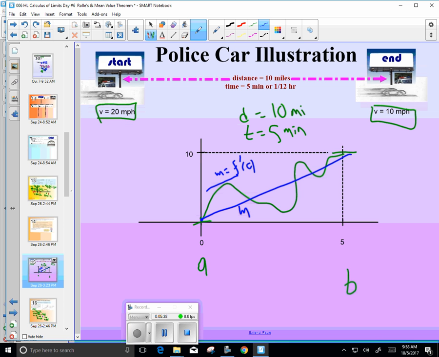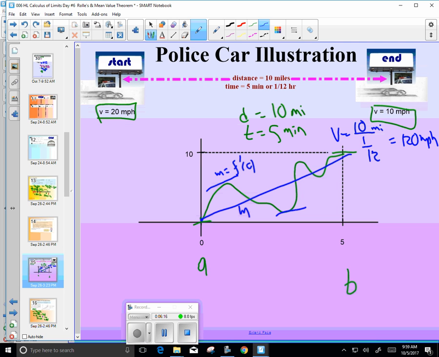There's no time travel portals or some huge machine hitting them back in time or whatever. There are no cusps or anything like that. So what that means, there was a time when they were going how fast? Well, that would be 10 over 1/12 of an hour. So if they went 10 miles in 5 minutes, there was a time where they were going how many miles per hour?